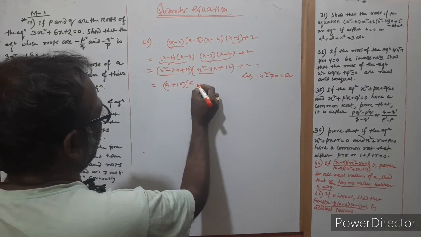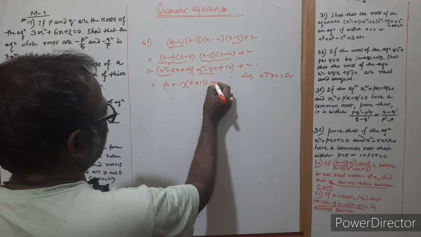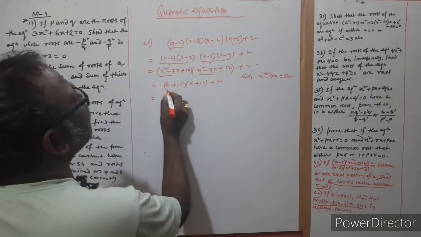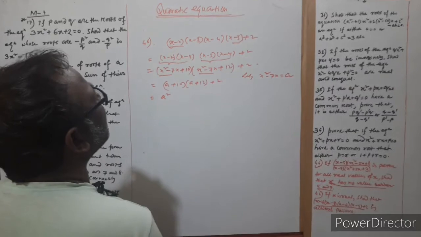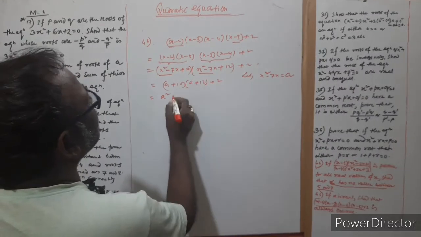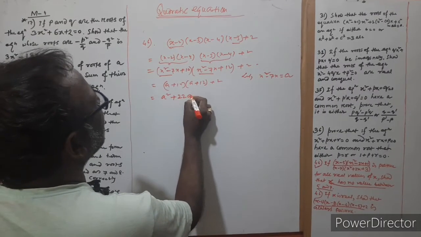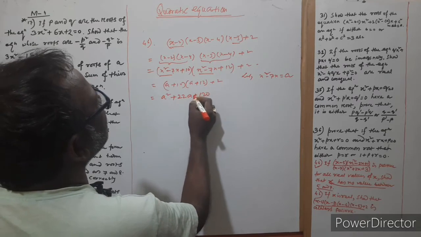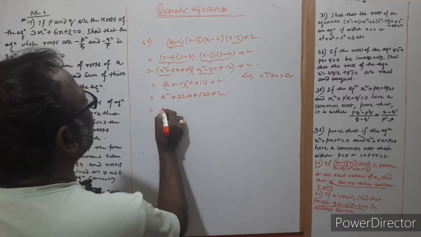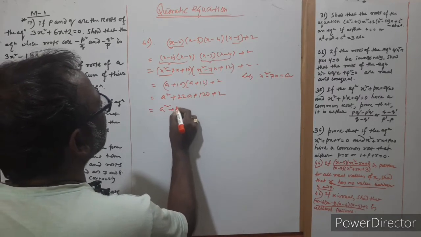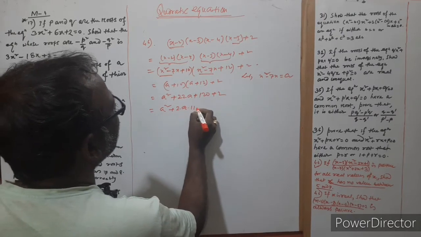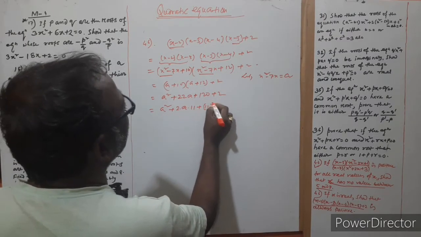This is a plus 12, and multiplying them, this is a square. 10 and 12, that is 22a, that is 120 plus 2. And now look here, a square plus 2 into a into 11 plus 11 square.